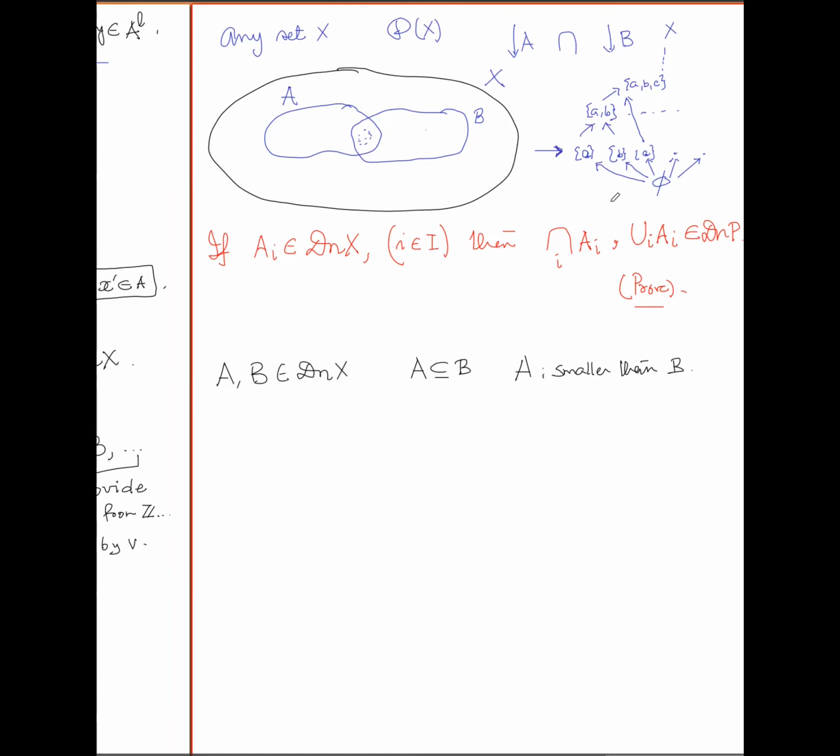Now let's see if I can make it a little more formal. So what is it that I'm saying? You see, this is a non-empty set, but if you take any subset which is smaller than any such thing, it has to be the empty set. So often such sets are called atoms.